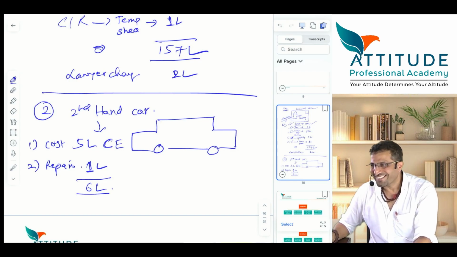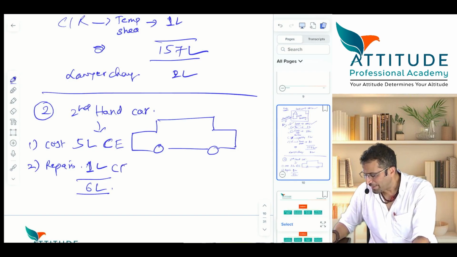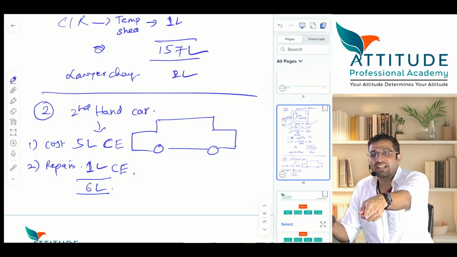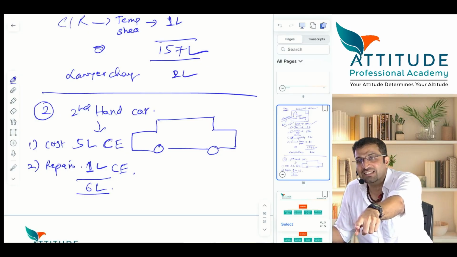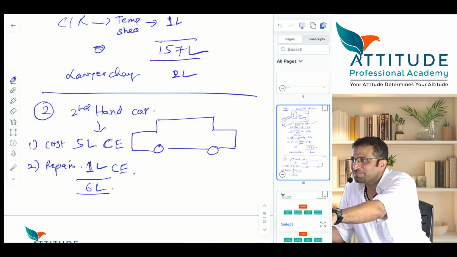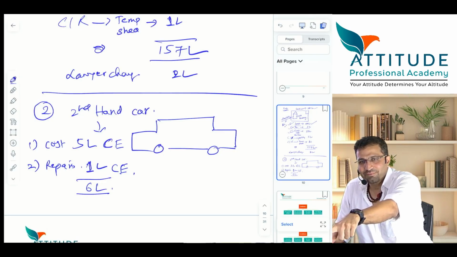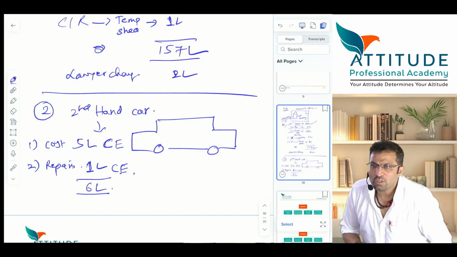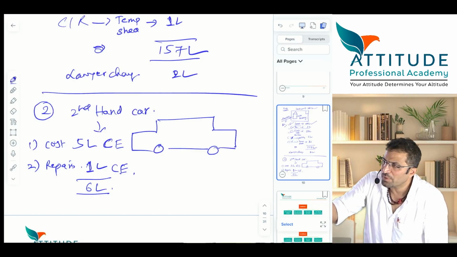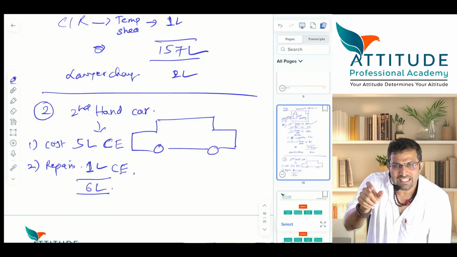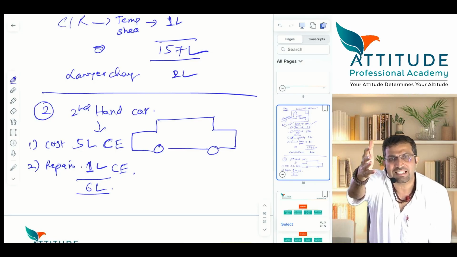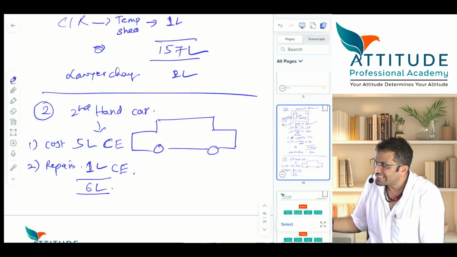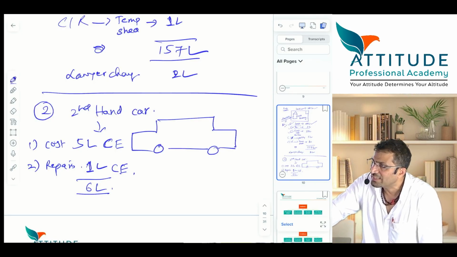Is the wrong answer. It is again what? Capital expenditure. Reason is, before the vehicle is put to use, you are repairing it. Yes or no? Before the commercial production starts, any expenditure incurred is a capital expenditure करके बताया ना? अरे before using that second hand car, are you doing the repairs?